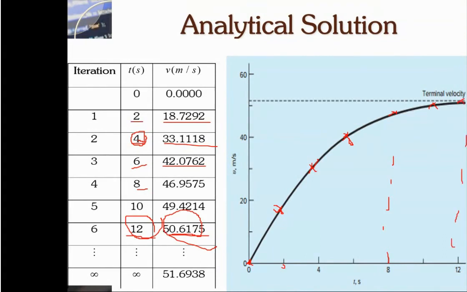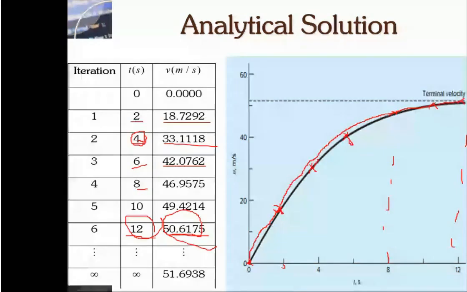Okay, so if we draw a line through these points that we just noted on this graph, you could see that right from the beginning, this jumper picks up a steady increase in velocity. However, when it gets to a certain point, you could see that this velocity is slowing down. And it's going to get to a certain point where the velocity becomes constant.